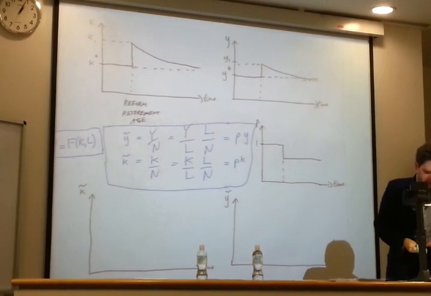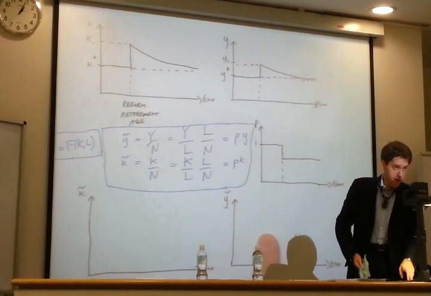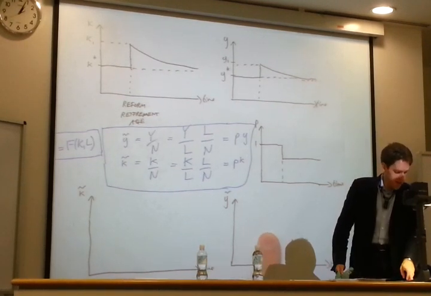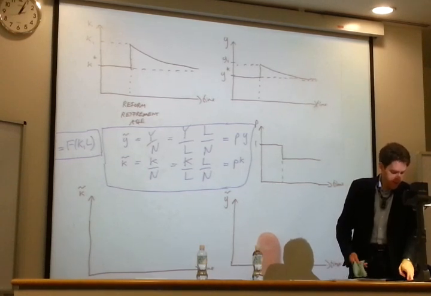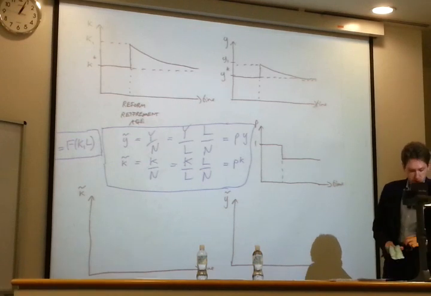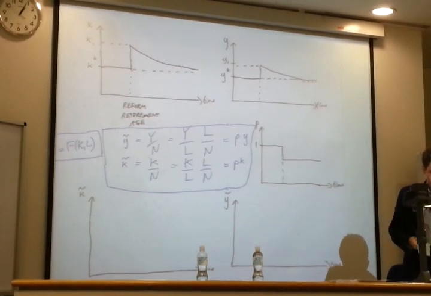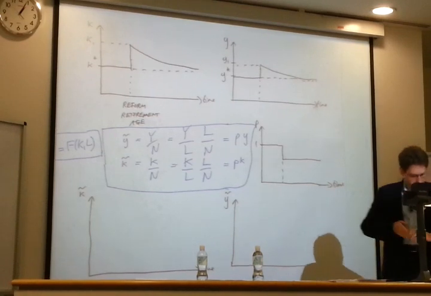So, ultimately, the goal is to find out what happens to the living standards measure, income per person. That's the most difficult, actually. So we'll first do capital per person.